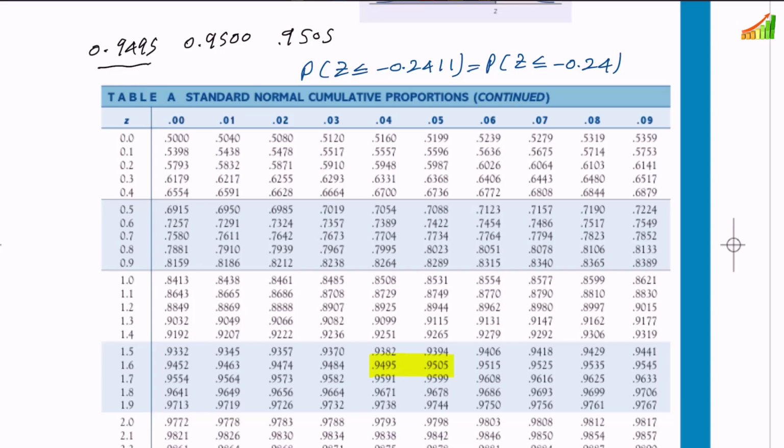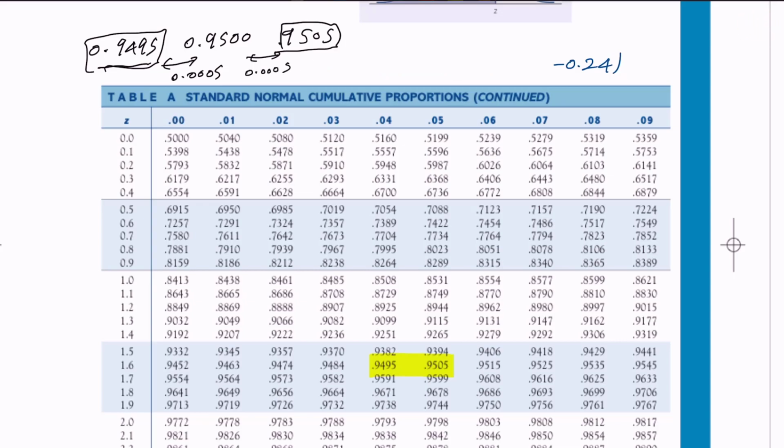So 0.9500 must be in between these two numbers. The difference between 0.9500 and each of them is 0.0005.